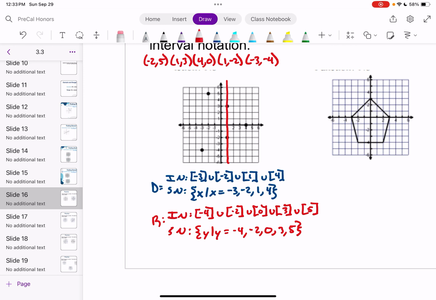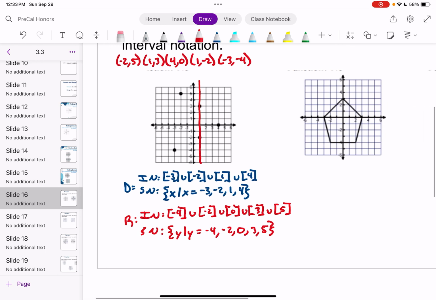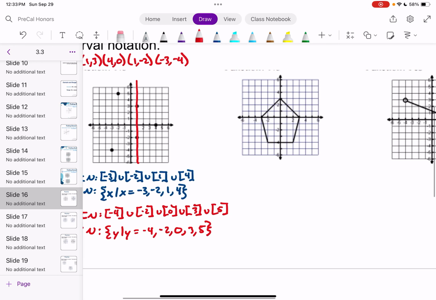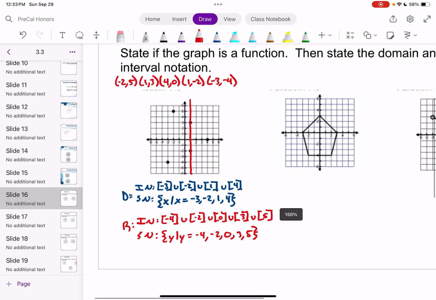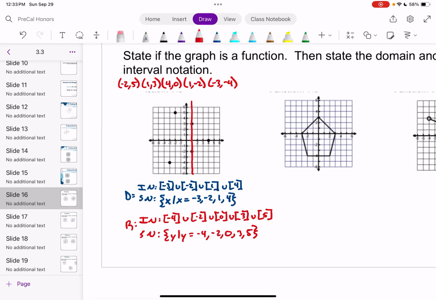Let's go ahead and take a look at our next problem. Correction, this would not be a function.